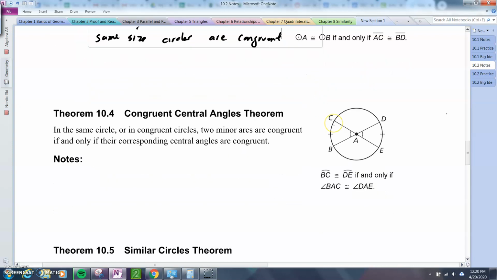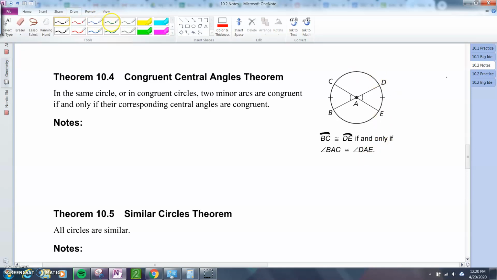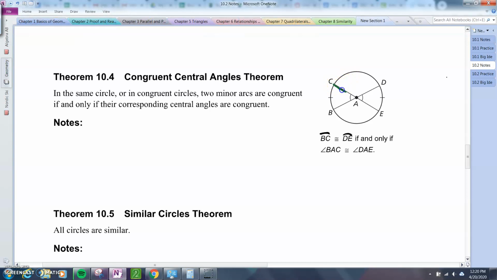All right, and your congruent central angles theorem. On the same circle, or in congruent circles, two minor arcs are congruent if and only if their corresponding central angles are congruent. So arc BC is congruent to arc DE if and only if angle BAC is congruent to angle DAE. Well, that makes sense because we can see that these are actually vertical angles here.